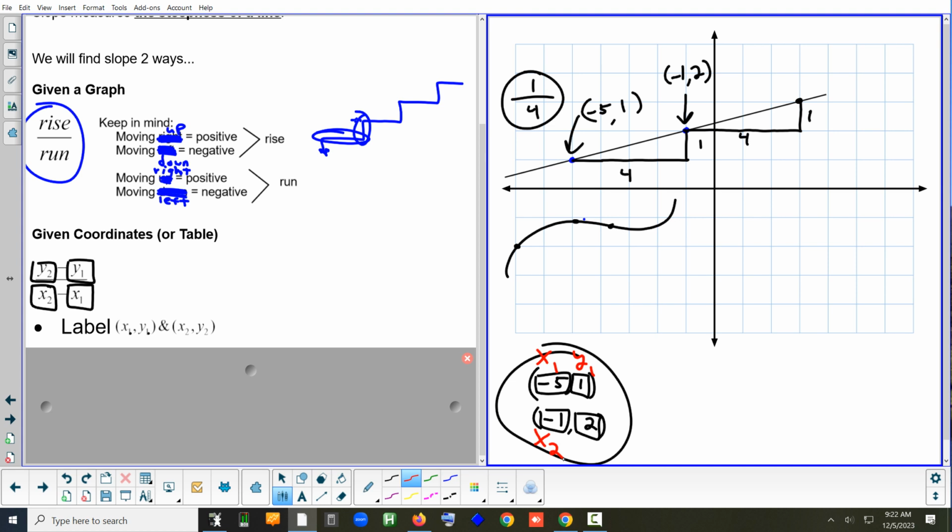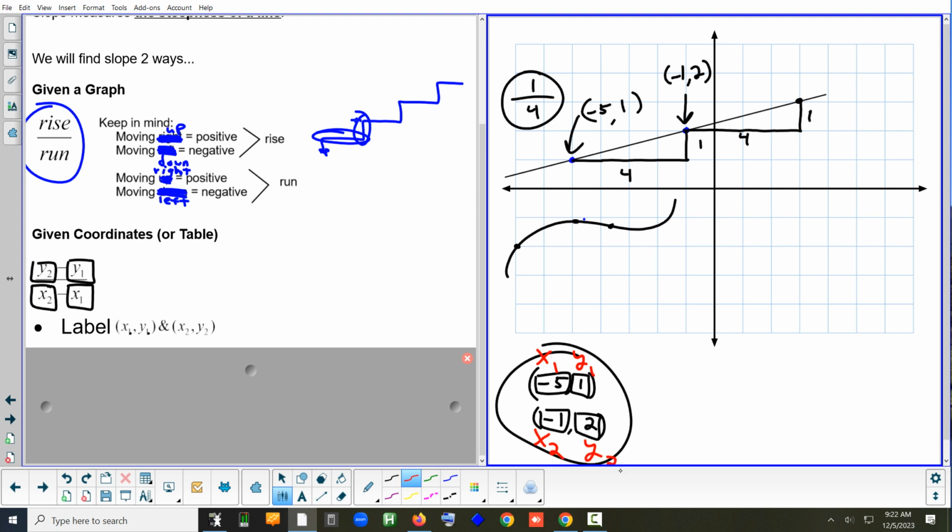And I'm going to call the one to the right of it, well, you tell me. What do you think the 2 would be? First y. I already have my first y. My first y and x those are already labeled. Yeah? Your second y. That's the second y value.